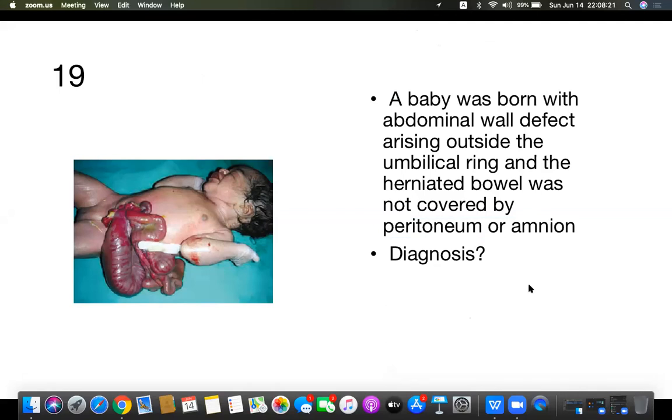So take this baby to the nursery and cover the prolapsed segment of the bowel with moist pieces of gauze. Then inform the pediatric surgeon. That's your job. You are not going to do any other thing. And of course, family has to be counseled. So this is gastroschisis.